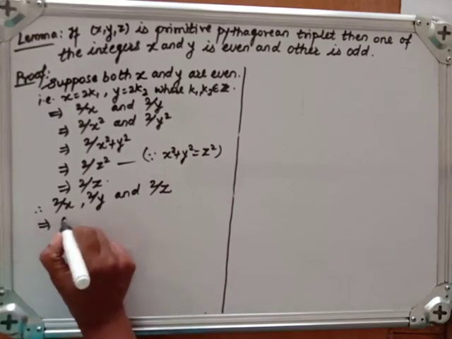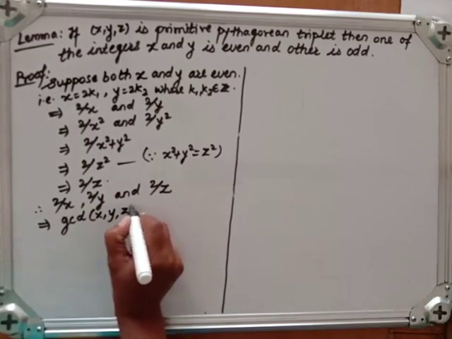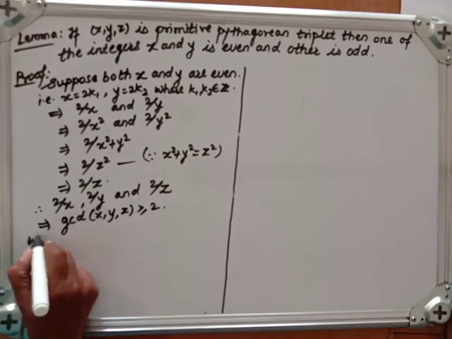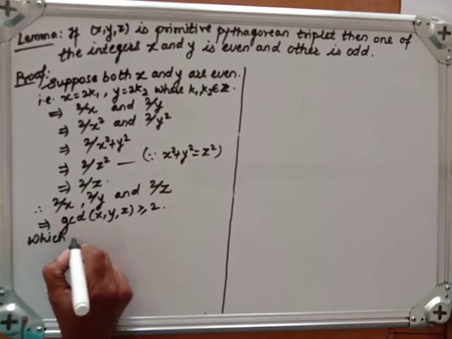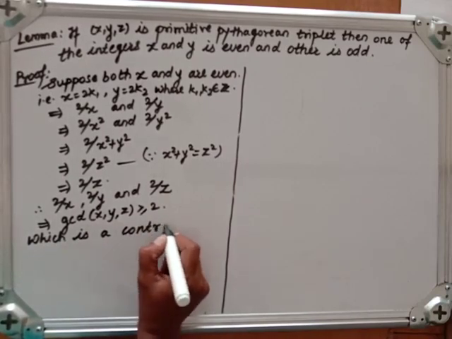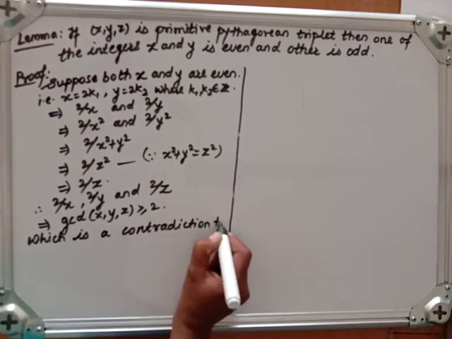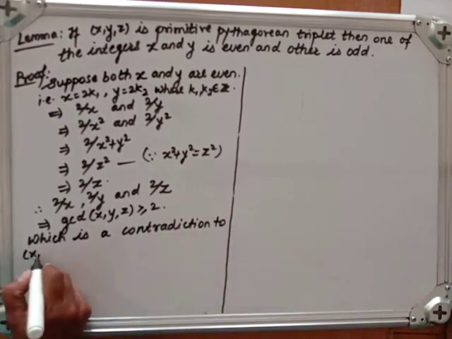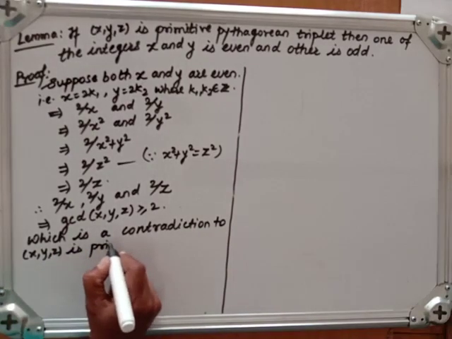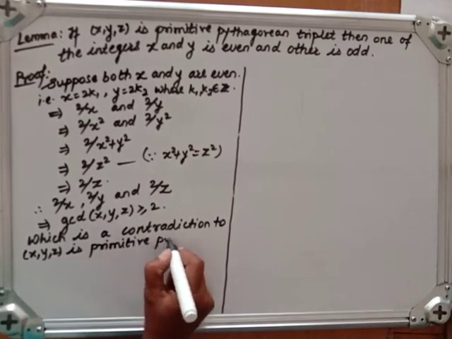This implies GCD of x, y, z is greater than or equal to 2, which is a contradiction, because x, y, z is a primitive Pythagorean triplet.